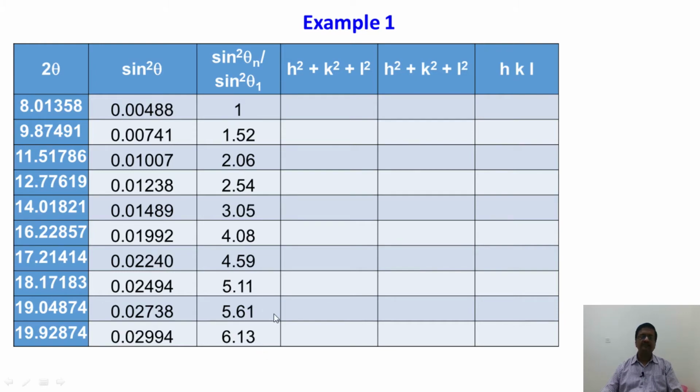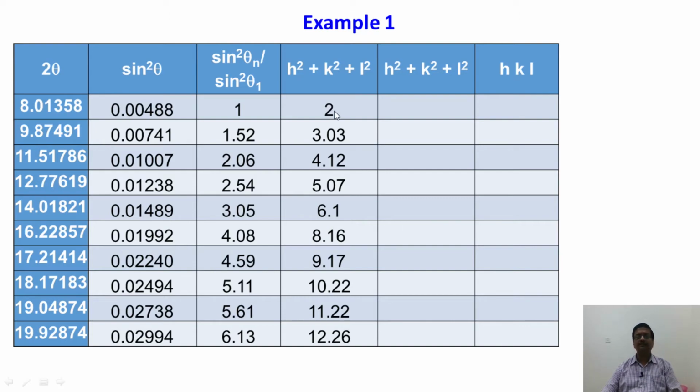Now we keep these numbers approximate up to the second decimal place and look at whether they come close to any integer value. When we do that, we see that these are not integers. So then we try to multiply by 2 or 3 or 4 as the case may be to convert them into the nearest integral values.